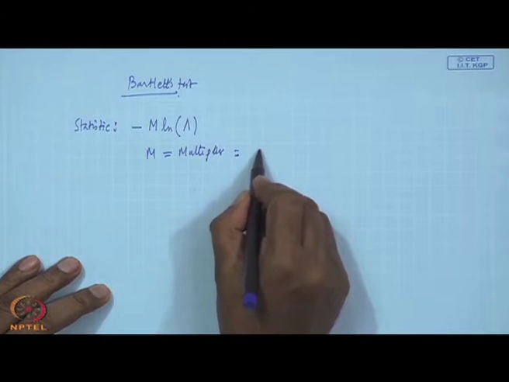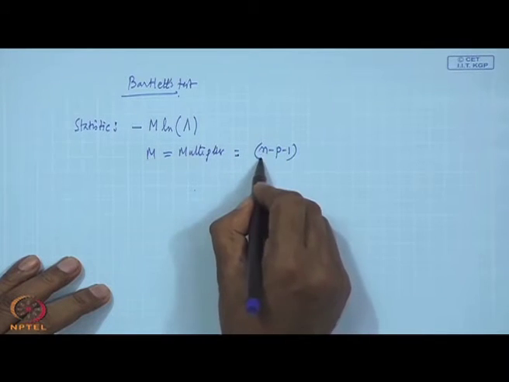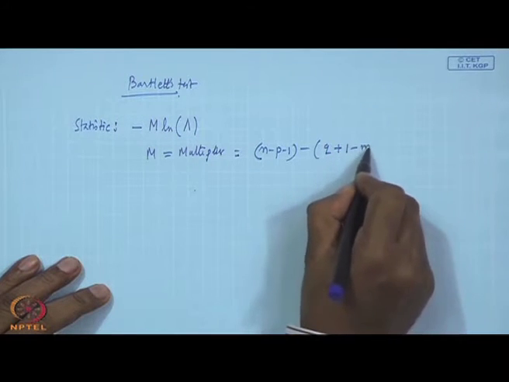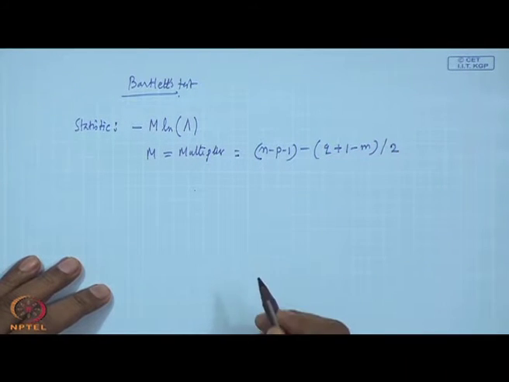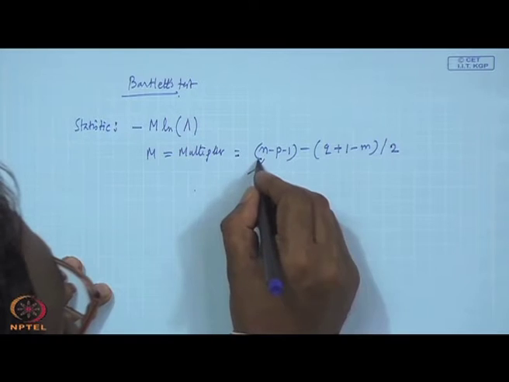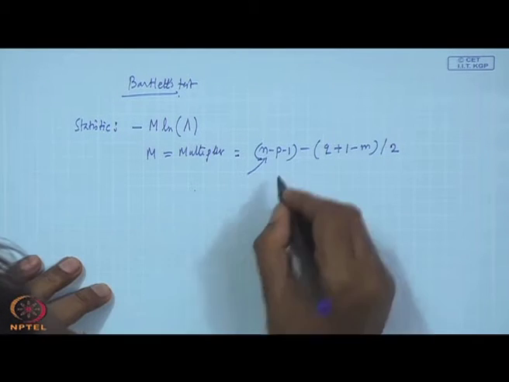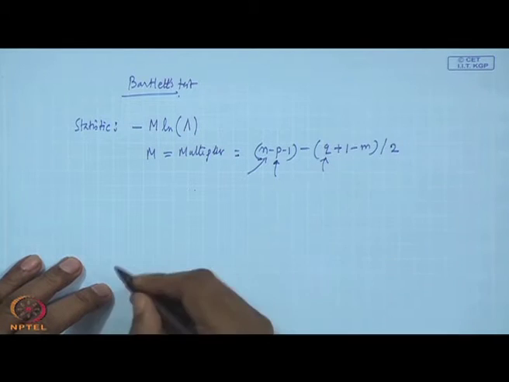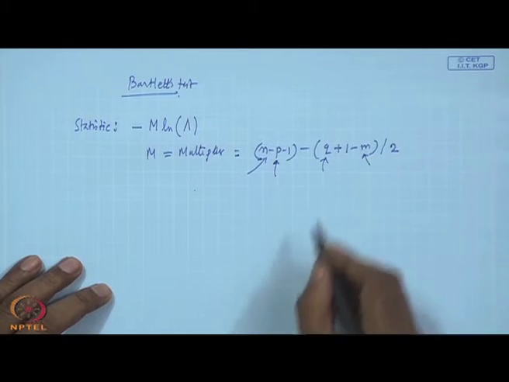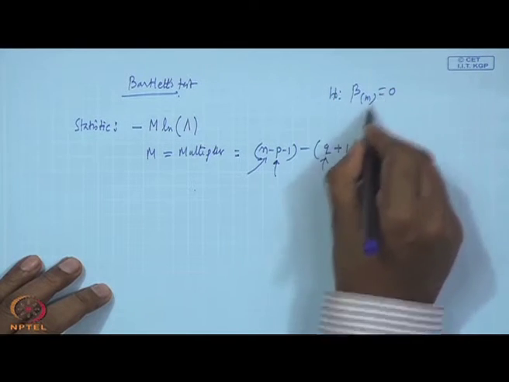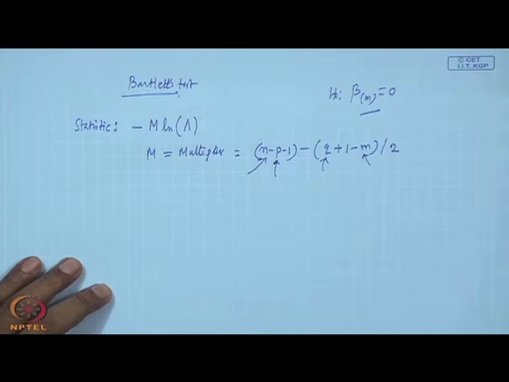This value is n minus p minus 1 minus (q minus m plus 1) divided by 2. Okay. So, you know what n is? Total number of observations. What is p? Number of x variables. What is q? Number of y variables. What is m? We are saying beta m equal to 0 under H0, so that m variables you have dropped.